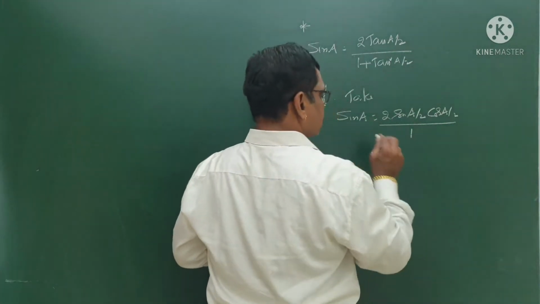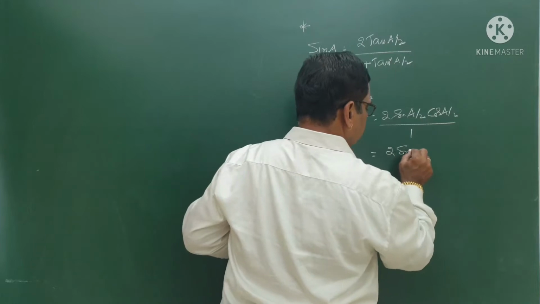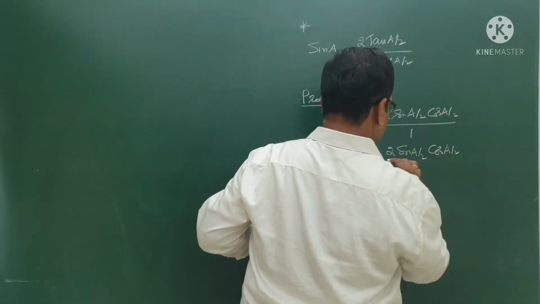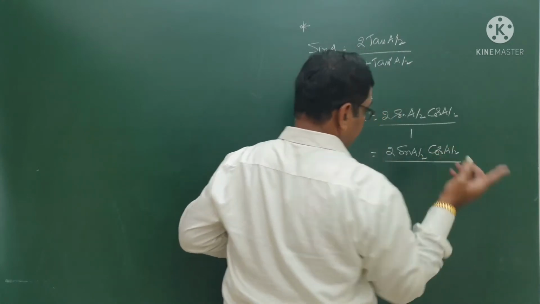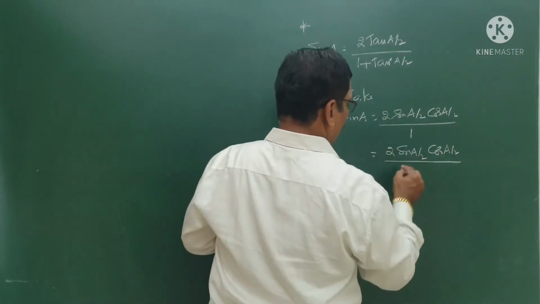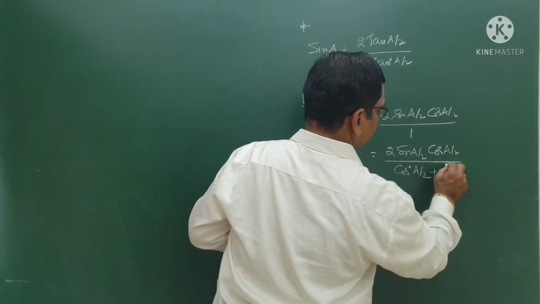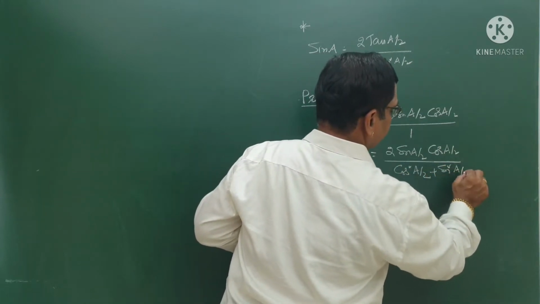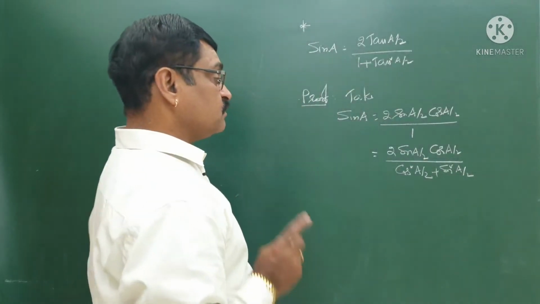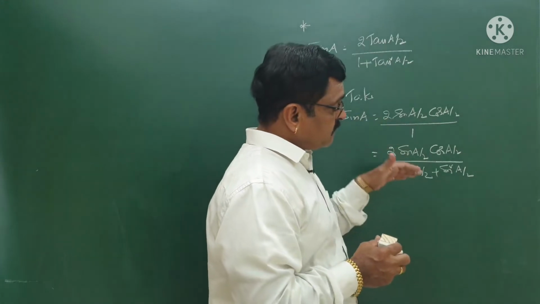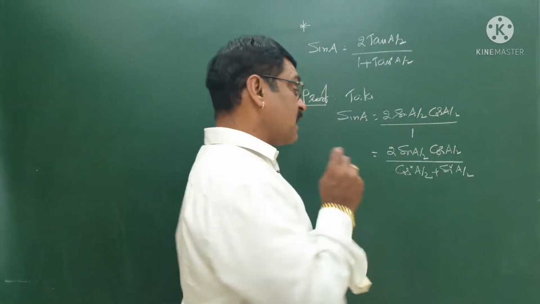Now, in the numerator we have 2 sin A by 2 cos A by 2. For the denominator, I have a famous identity in trigonometry: 1 can be written as cos square A by 2 plus sin square A by 2. So I am going to divide both numerator and denominator by cos square A by 2.